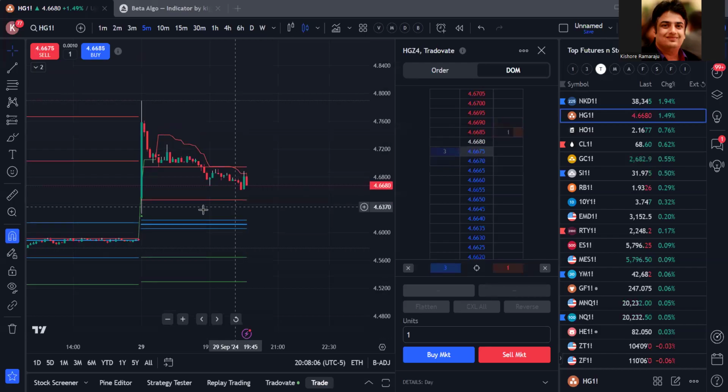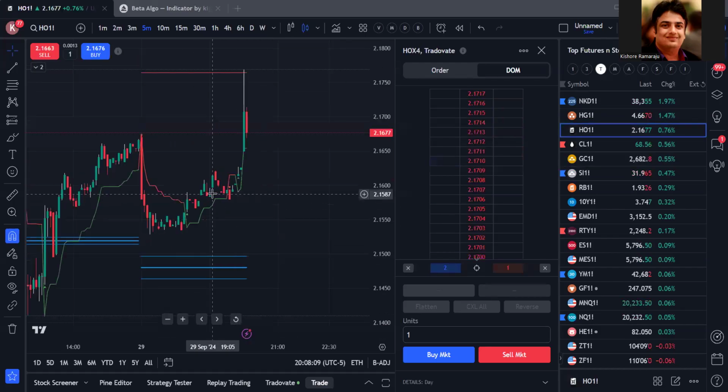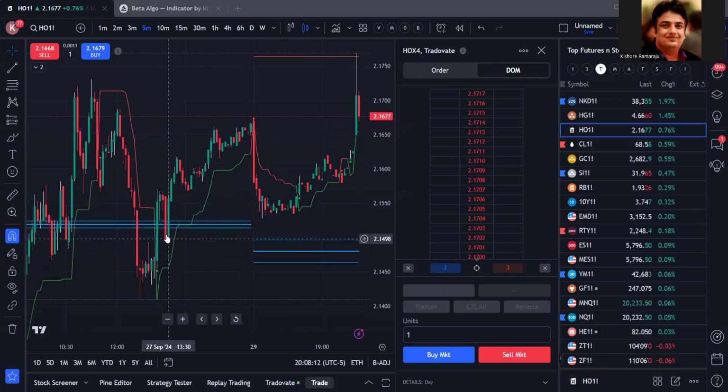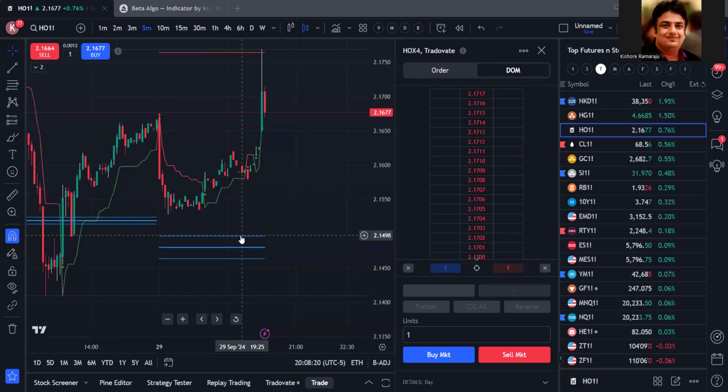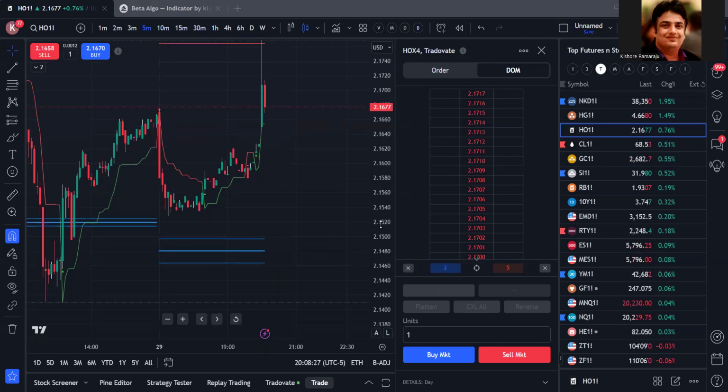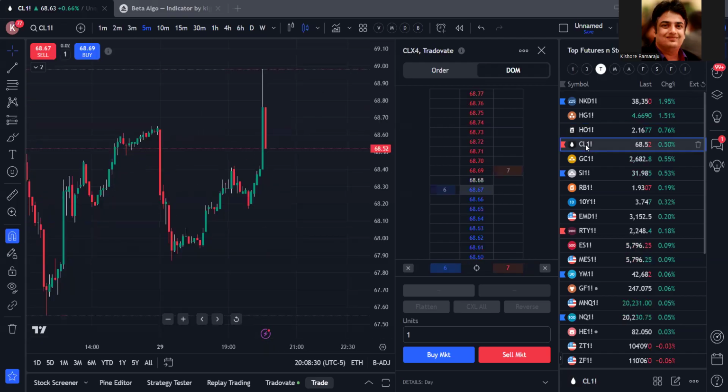So that is one more change I made with the beta algo. You can see crude oil, heating oil on Friday, the lines were very close. There was a big move. Today also, not very close, but still we can see big momentum with the heating oil and crude oil.